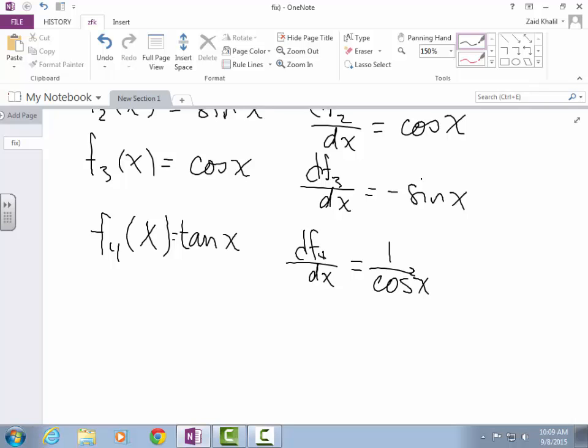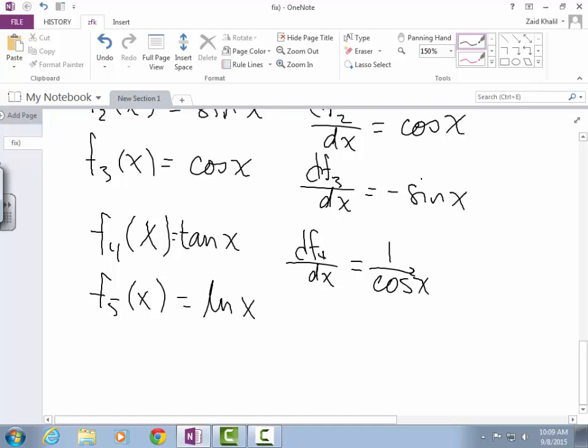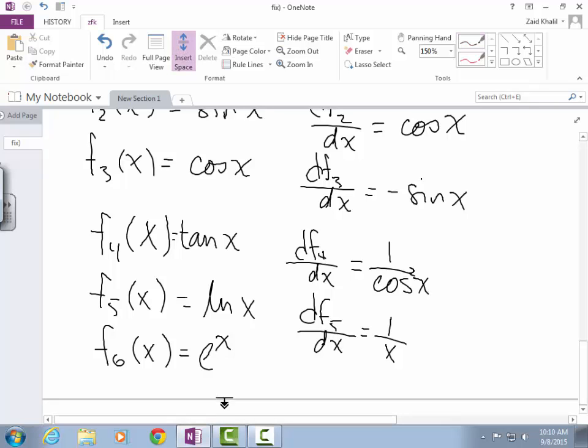And then there's the really important ones: ln, f6, e to the x. These are not so easy to prove. You have to actually go through and first define e. I don't know if I did this with Kendall last year. Oh, maybe I did. I definitely remember going through the whole series with e.